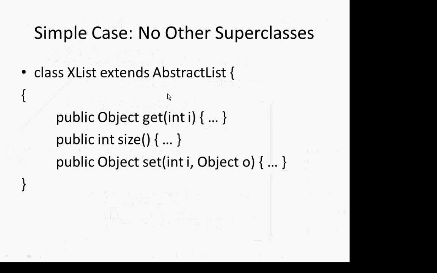The problem, ladies and gentlemen, is that sometimes this doesn't cut it, because you want X list to inherit from something else as well. Maybe you want it to inherit from some other superclass you created. And now because you've extended abstract list, you're not able to do that.